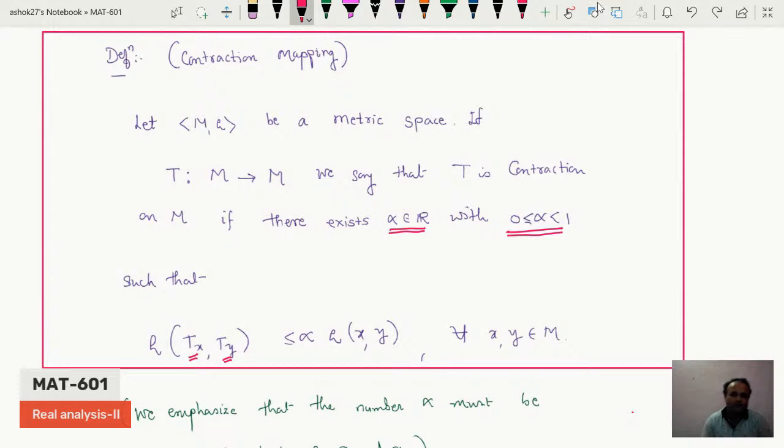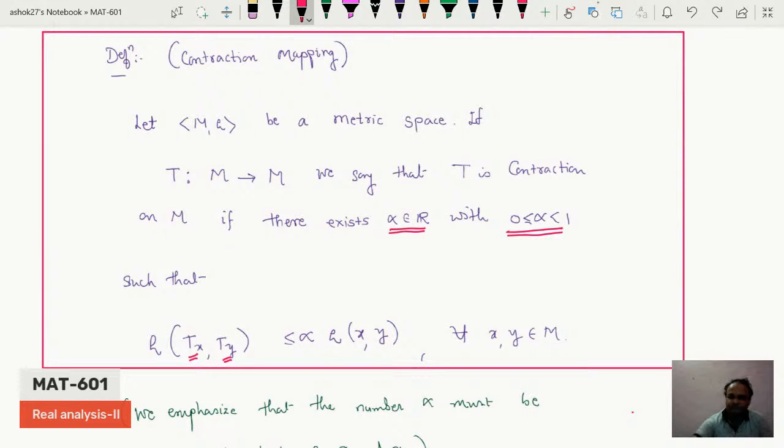It means if we operate T on M, then what will be its image or range? So T contracts that metric space M. This is the property of this mapping, meaning it is a contraction mapping.